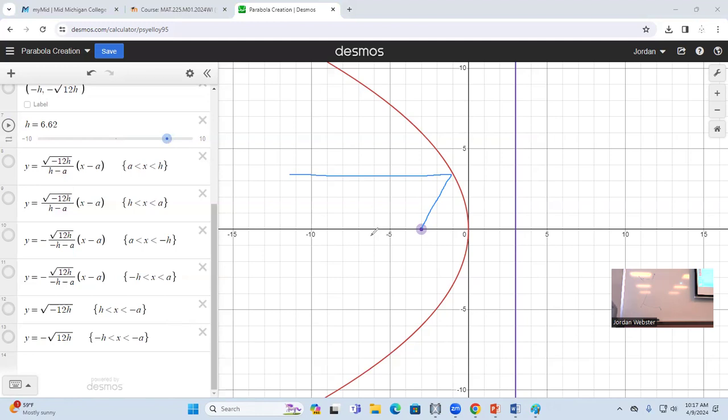So that's another nice feature about the focus. And that feature, if some object hits the parabola this way, I know it's going to bounce and go right to the focus. That actually allows us to build nice satellites. The receiver for a satellite is going to be where the focus is. A satellite points up into the air, and whatever gets hit bounces off the edge of the satellite and goes to the focus.